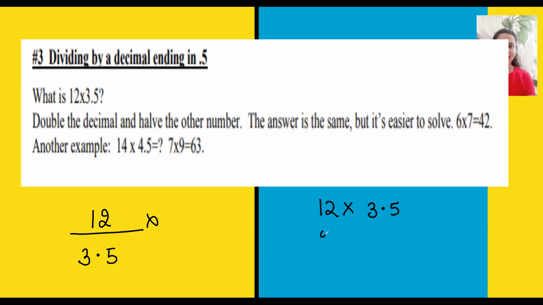So what I do, I make this half and make this double. So this becomes 7, this becomes 6. So like 14 times 4.5, I halve this and I double this.